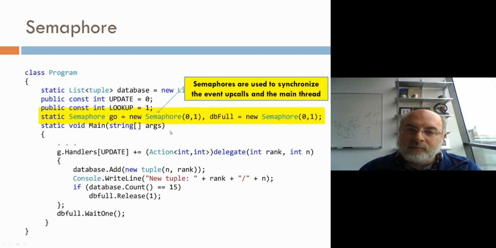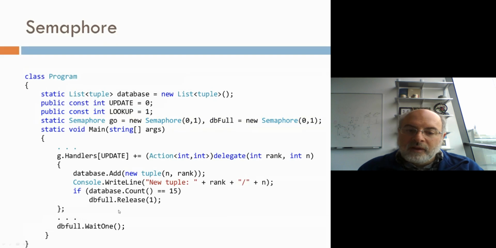Wait1 tries to subtract 1, but it waits if the value is 0. So if I call wait1 when the value is 0, I pause. And if I call release 1, it increments it. And if someone was paused, they wake up and resume execution. Okay? And so this piece of code waits until my little database has 15 elements in it.